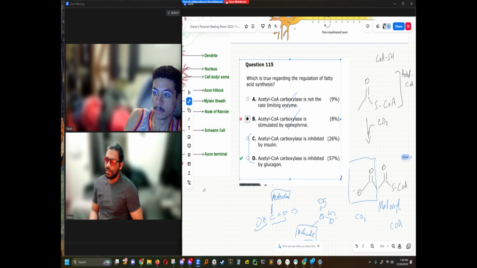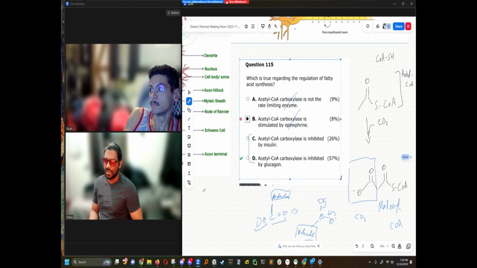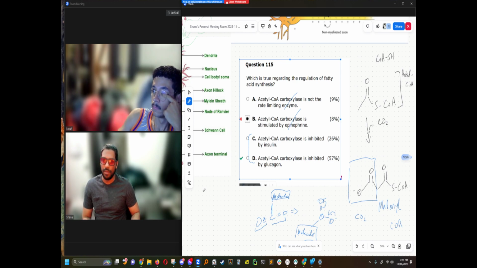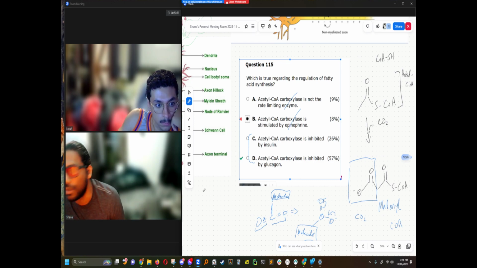Let's think about if that's true, because insulin's released when our blood sugar is too high. So for this fatty acid synthesis step here, we want to ask ourselves, is that going to go up when we have high blood glucose, or is it going to go down when we have high blood glucose?